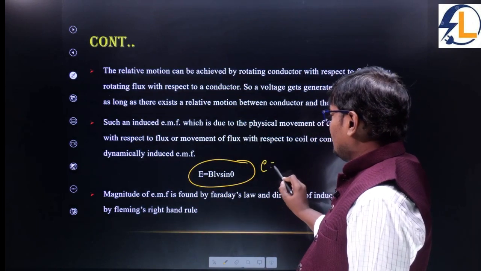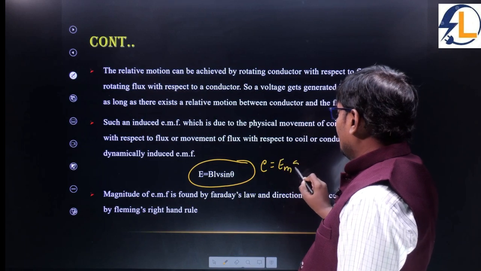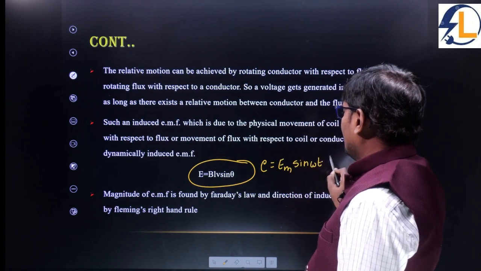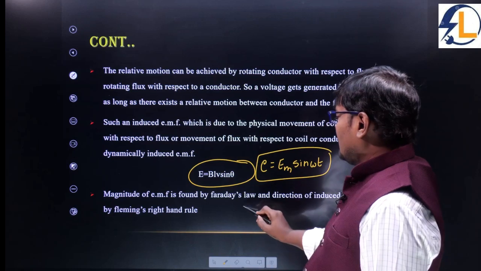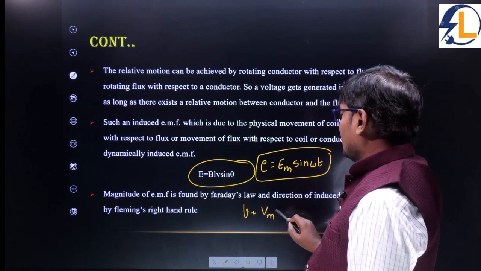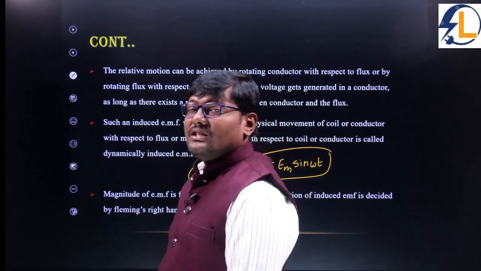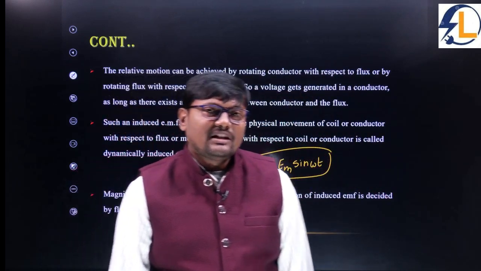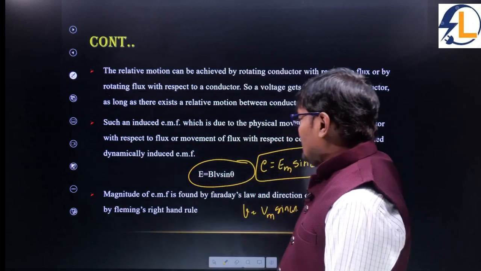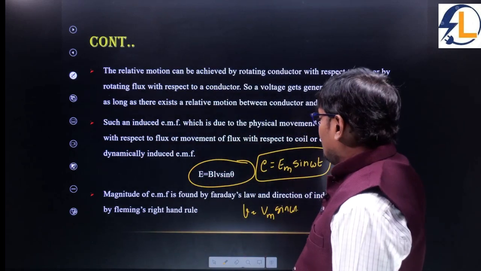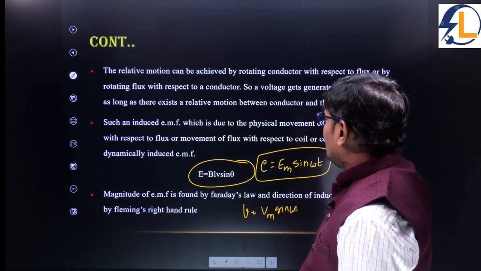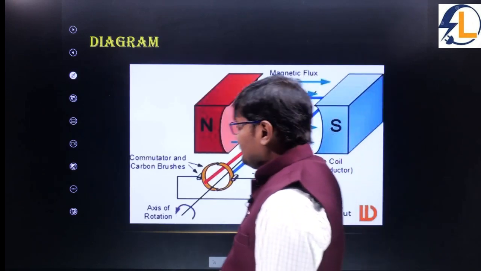From this we can derive that E is equal to E max sin omega t, which is our sinusoidal voltage, where E is the instantaneous value of the voltage at any point of time.